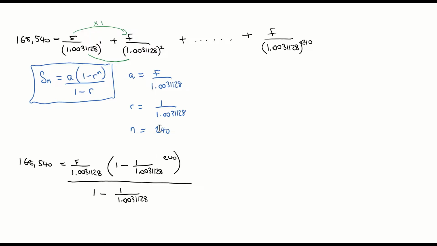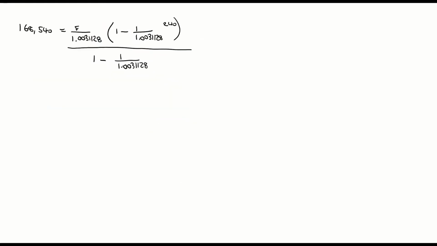So I'm going to take it in stages here. On the denominator, 1 minus 1 over 1.003 is giving me as a decimal 0.003103. On the top here, inside the bracket, let's see what that gives me.